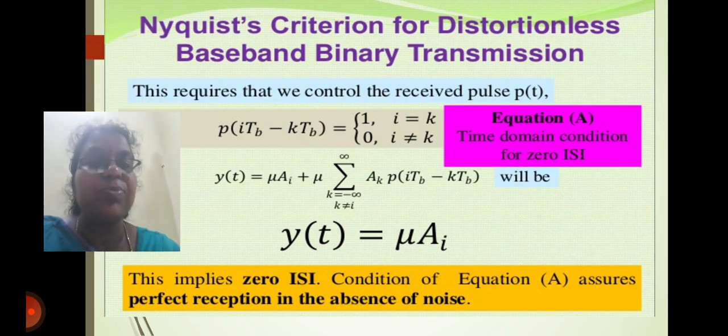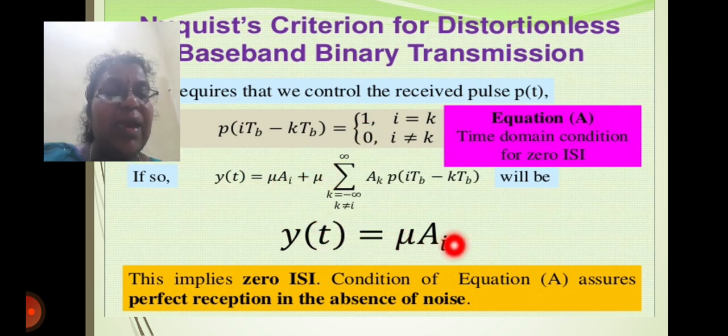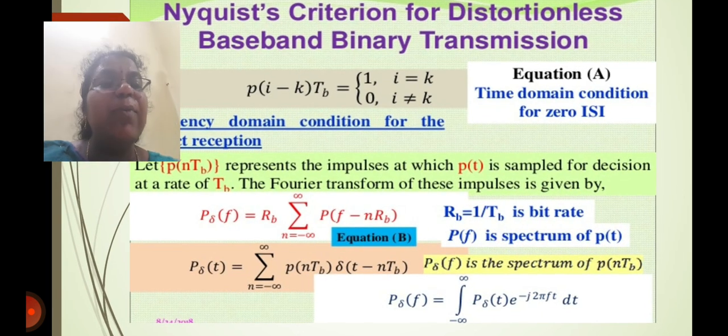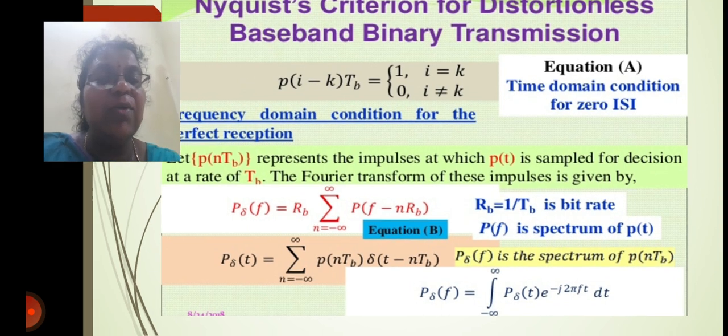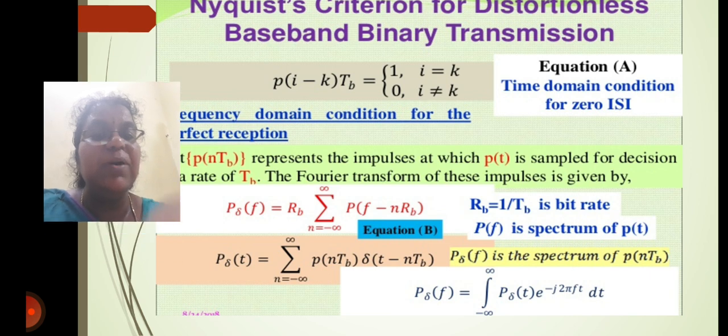So we have to control the received pulse p(t): p(iT_b - kT_b) should be equal to 1 for i equal to k and 0 for i not equal to k. Only then does the equation become y(t) = μ a_i. This is the condition for zero intersymbol interference, and thus it assures perfect reception in the absence of noise. Now this is the time domain condition for zero ISI. Now let's derive the frequency domain condition for perfect reception.